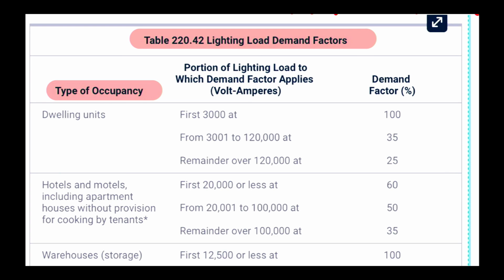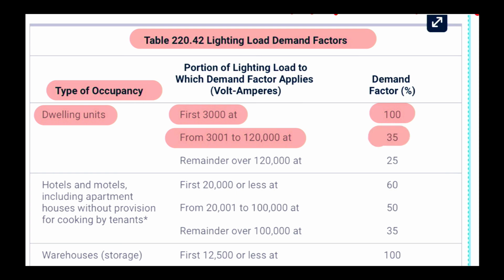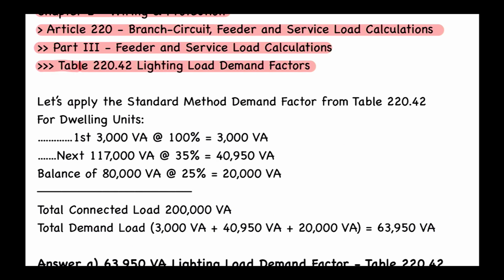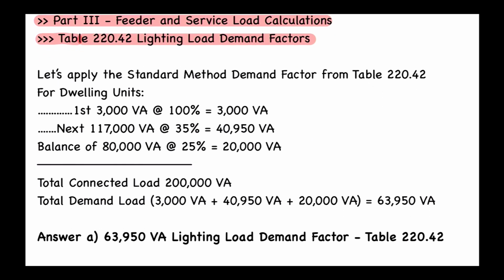Here, we're talking about dwelling units, and it's telling us to take the first 3,000 VA at 100%, then the next 3,001 to 120,000 VA at 35%, and then the remainder over 120,000 VA at 25%.